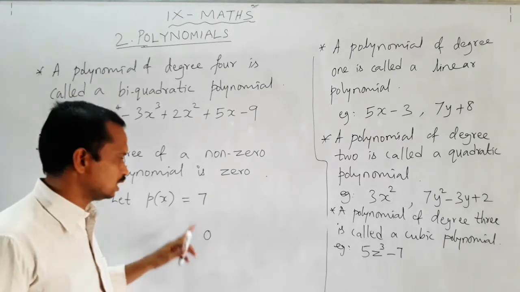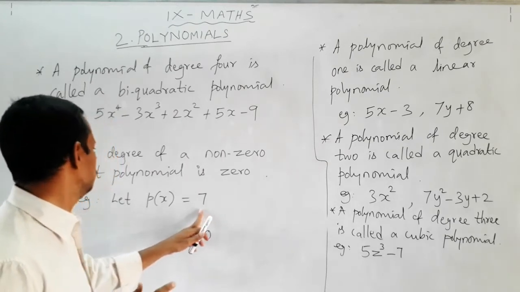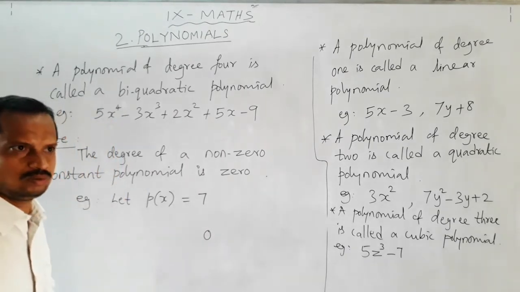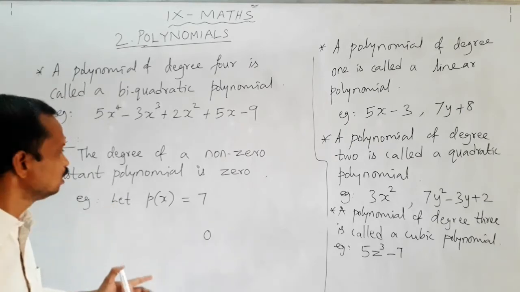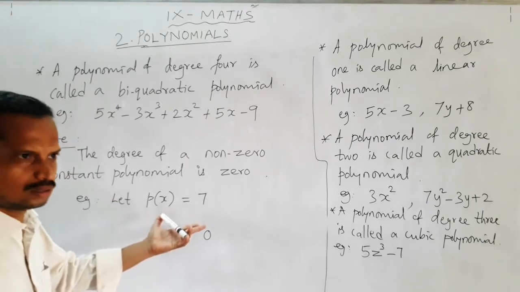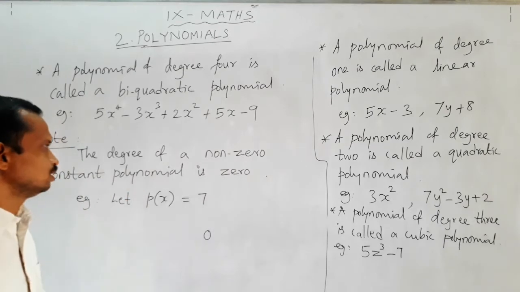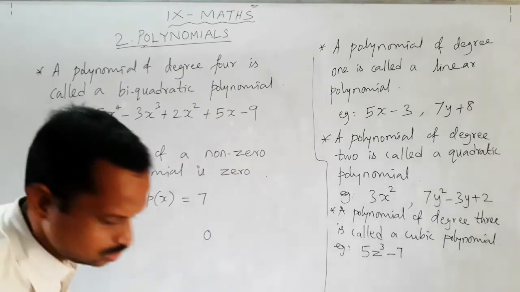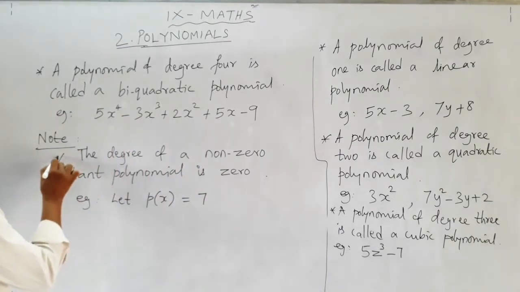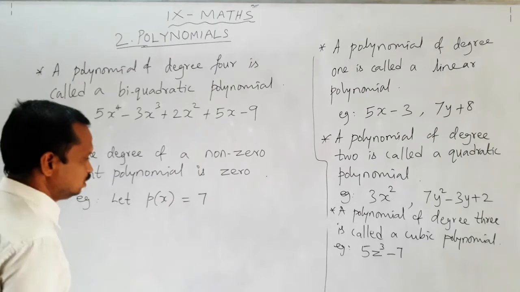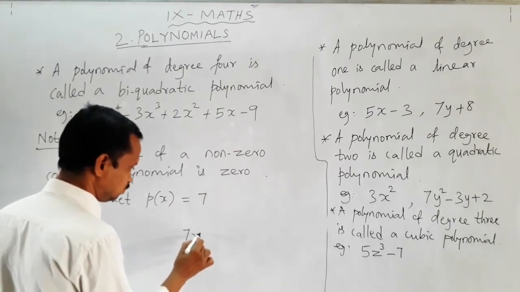Except 0, any other constant we can say is a non-zero constant polynomial, and its degree is 0. Why do we say that the degree is 0? This is one point. This is the explanation I am giving: 7 you can write as 7x power 0.